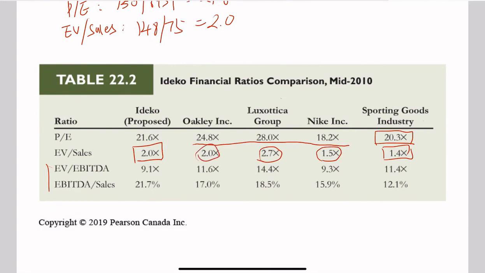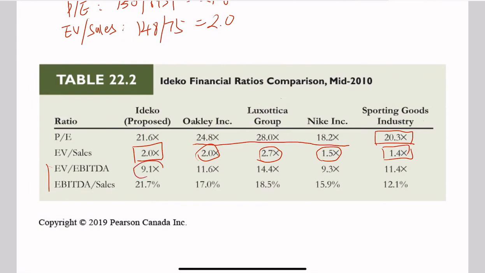So despite the fact that the EV sales ratio for Idaho is higher than the sporting goods industry average, when comparing with comparable firms, it's still a reasonable number.